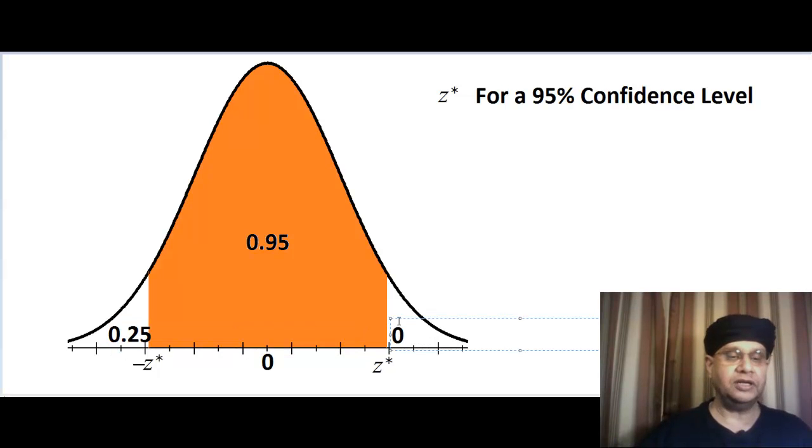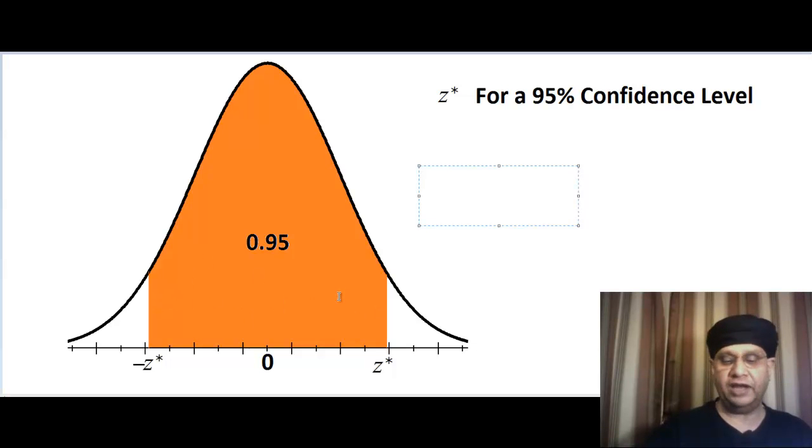Sorry, I made a mistake, I meant 0.025, because notice 95% of the area is in between these two values, so 5% will be the leftover area.